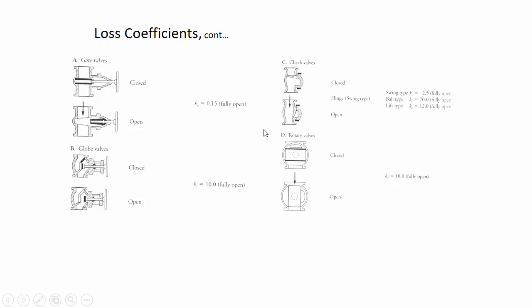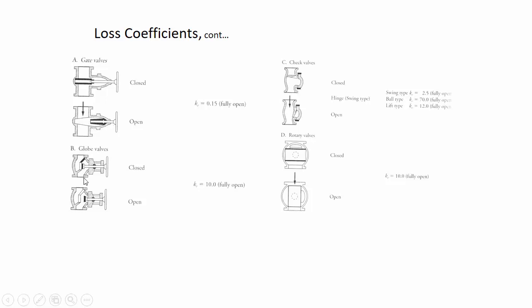There's other types of check valves, like where a ball is inside, and the flowing water lifts the ball up out of the way, and then the water going the opposite direction would have it clog a hole. But you just have to think about how much of the flow path is obstructed. It's partly about the direction change, but also look at the diameter that the water is flowing through. In the case of this gate valve, the diameter of the opening when it's full is the same as the diameter of the pipe.